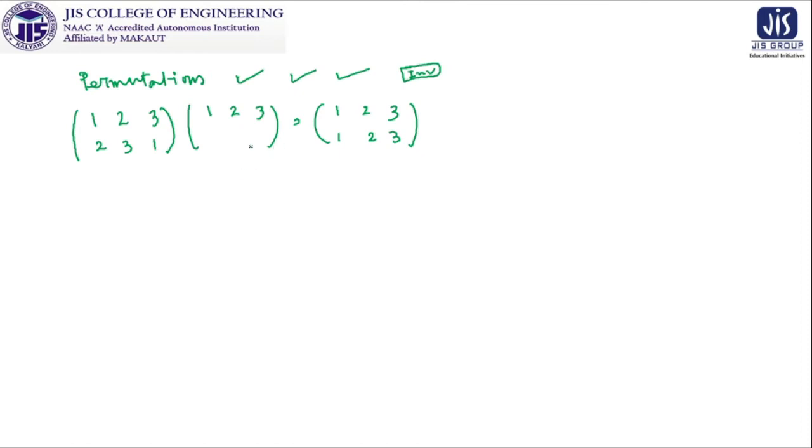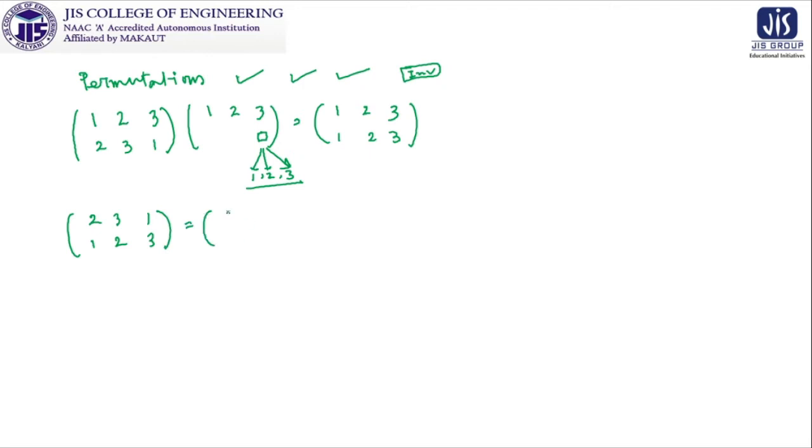Think about it: you need something over here so that it will go to 1, 2, 3. So if you have 3 goes to some number, we don't know which, obviously it will be either 1, 2 or 3, it is guaranteed, but which one? So what we do, we write this in reverse order, 2 3 1 over 1 2 3.